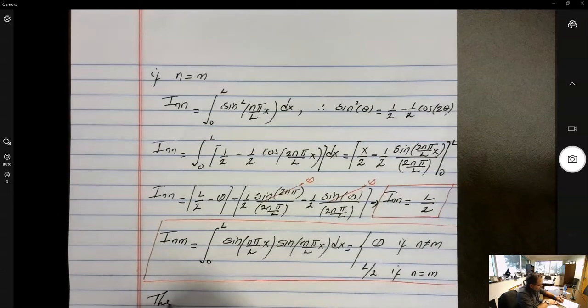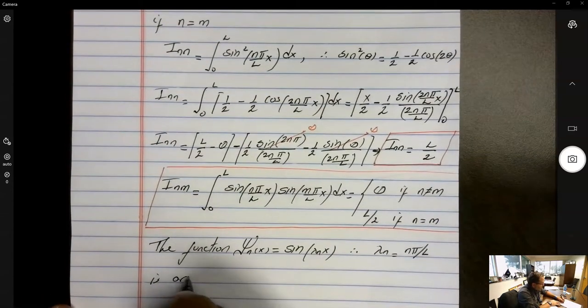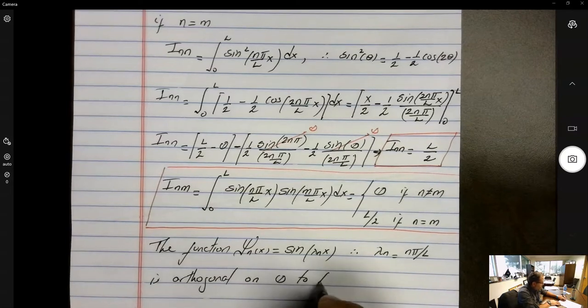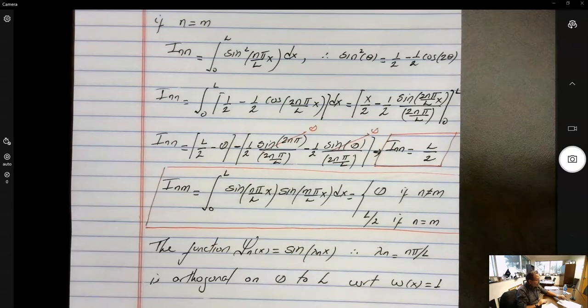So the function psi_n equals sine lambda_n x, such that lambda_n is equal to n pi over L, is orthogonal on 0 to L with respect to the weight function 1, which is the one that we use to integrate. There's nothing in here. So we demonstrated that.